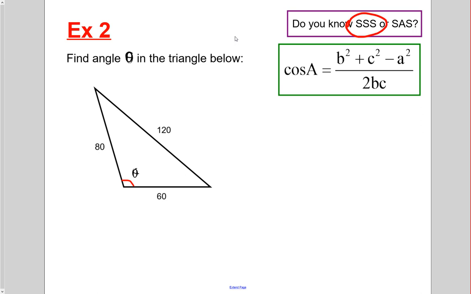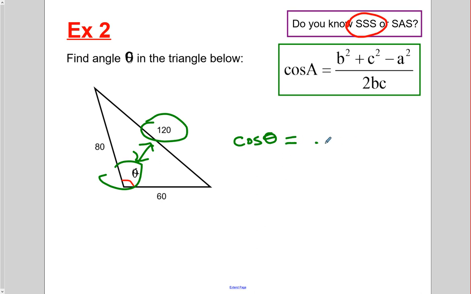All right. So let's set this one up. Let's do some lovely green writing. I first want to notice that this 120 and my angle, those are the ones that are opposite one another. So when I do this, I'm going to go cosine of theta, because that's what the angle's called in this particular triangle.